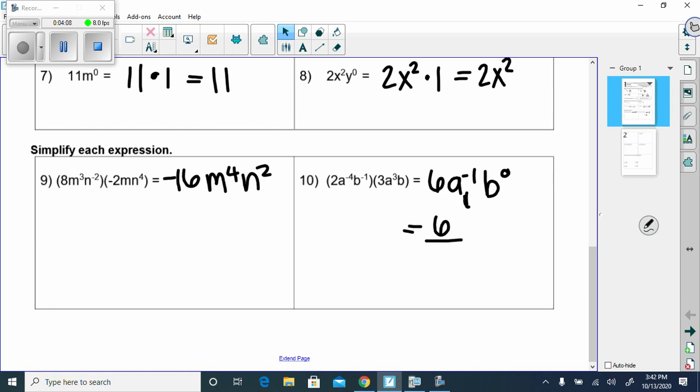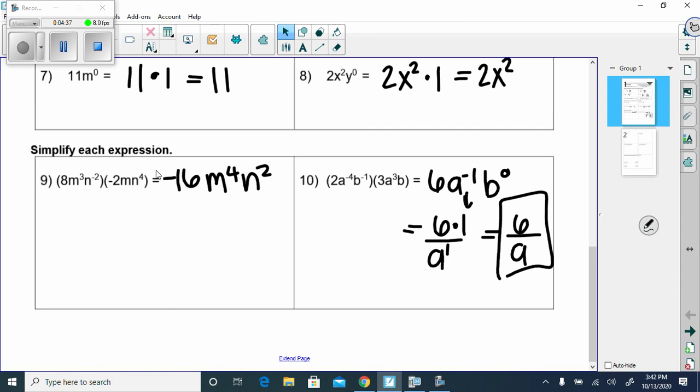Right. Then b turns into 1. So we don't like that negative, so we do move this to the bottom. So now it's positive. And all of this became 1, so it's basically like having times 1. But 6 times 1 is still just 6 over a. You don't have to put the exponent of 1, it's understood, right? But if you do, it's not wrong.